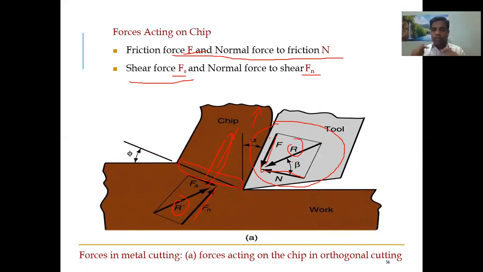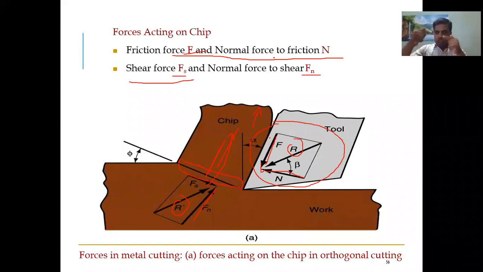To maintain equilibrium: whenever we do any calculation, whether in thermodynamics, thermal engineering, design of machine members, or production, when solving any problem we always assume the state is in equilibrium. Equilibrium means that at a particular point it is stationary, because forces are acting continuously at a particular point.